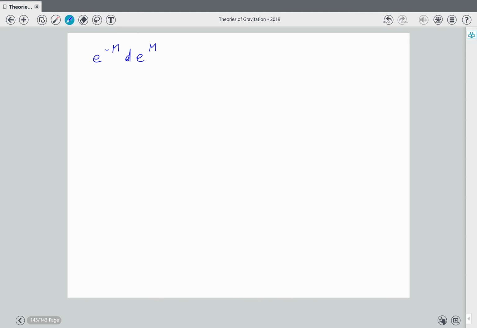There is an expansion for this expression. That is equal to the sum from n equals 0 to infinity of minus 1 to the power n divided by n plus 1 factorial, times the n-fold commutator of m with dm.